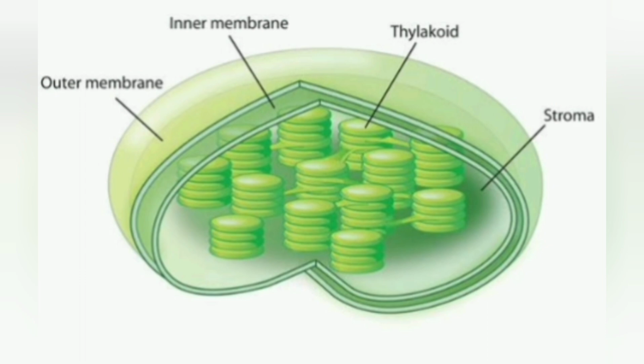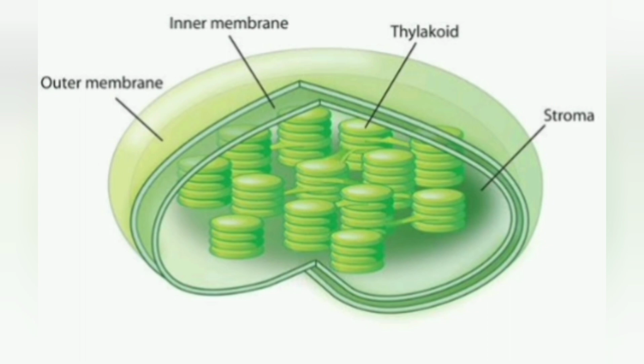Within the stroma, you can see membranous sac-like structures. These sac-like structures are called thylakoids. These thylakoids are seen in groups, and they are called grana. So this is the basic structure of a chloroplast.